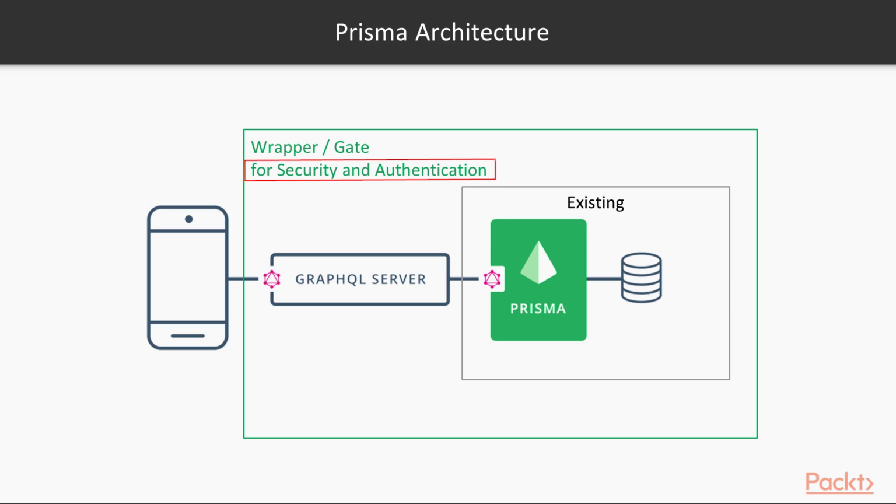So therefore we introduce security, and on the other side we also will have an authentication gateway here, because for different mutations we will also require that the user has been authenticated. This will be done by running a login mutation.